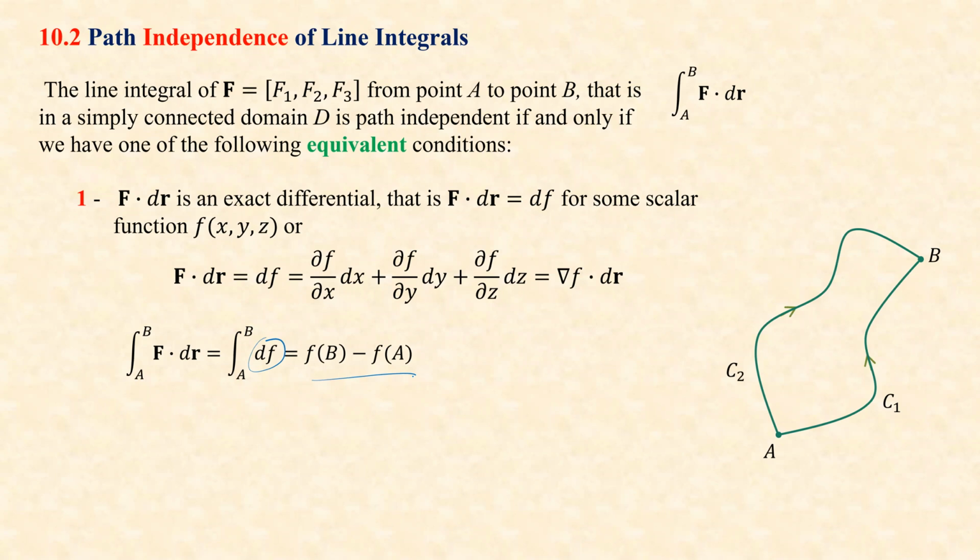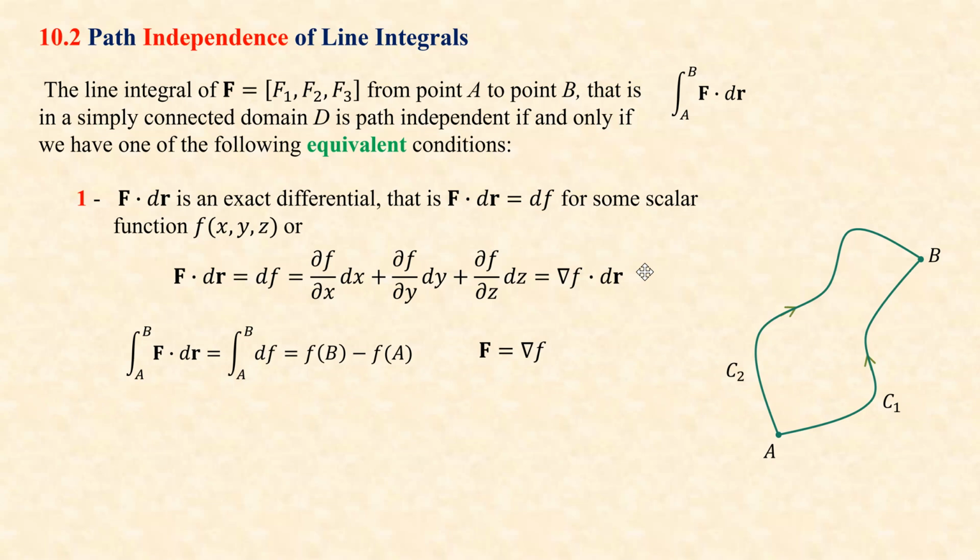This is when f can be written as the gradient of a scalar function. This line integral becomes just the change of that scalar function. That's why they call it potential function, also in mathematics, taken from physics.